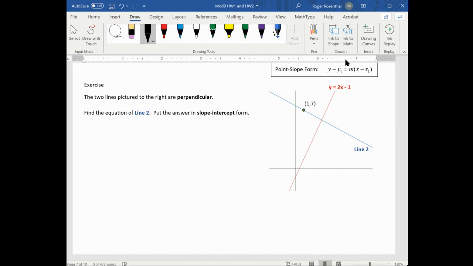So here's the question. You've got a red line, you have a blue line. It says that the lines are perpendicular to each other. You know the equation of the red line, and the question is to find the equation of the blue line. Well, to find the equation of the blue line, you're going to need to use that formula.